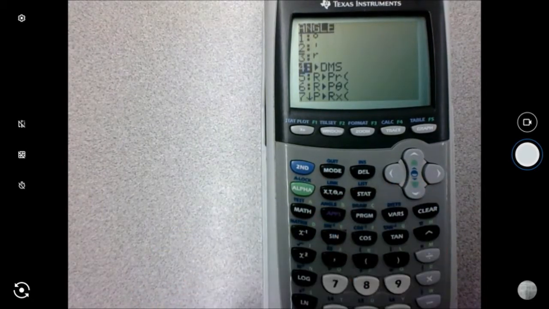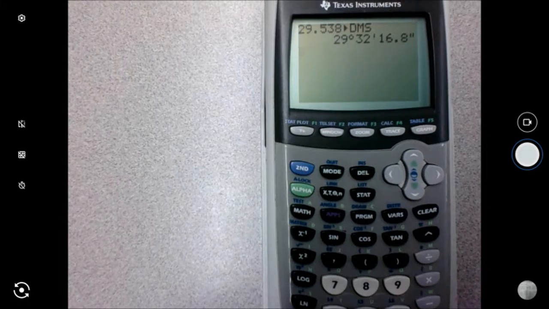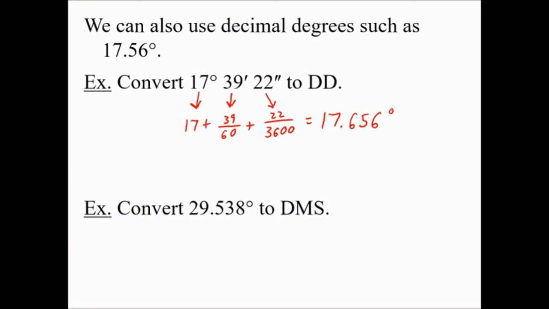And right there is DMS. This will convert everything into degrees, minutes, seconds. And so it looks like it's 29 degrees. I'll write down my answer here. It was 29 degrees, 32 minutes, and 16.8 seconds.